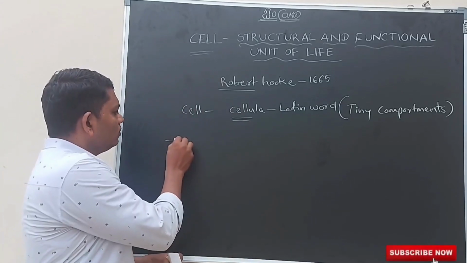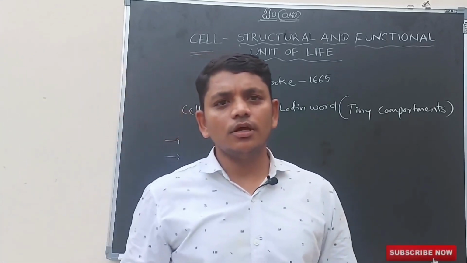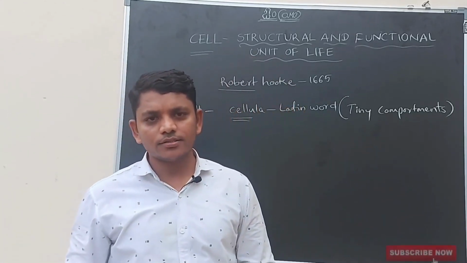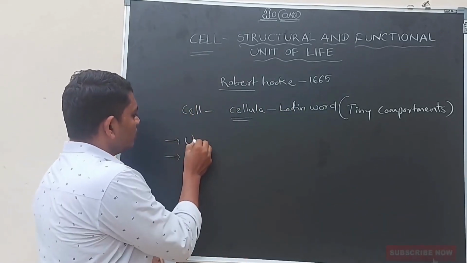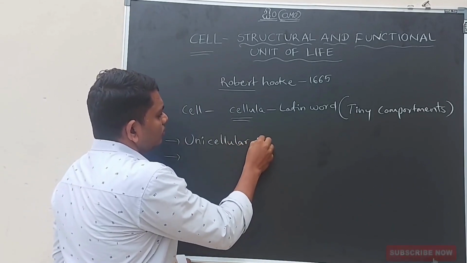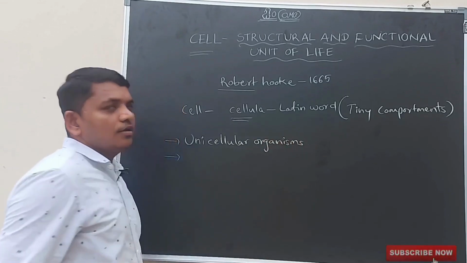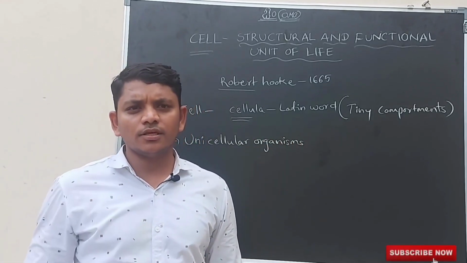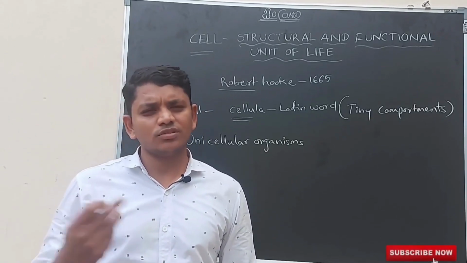Some organisms are made up of only a single cell. They are called unicellular organisms. Some organisms are made up of more than 2 cells, maybe 10 cells or 100 cells or lakhs of cells or crores of cells.